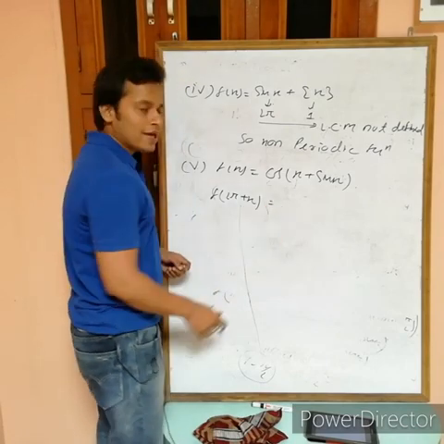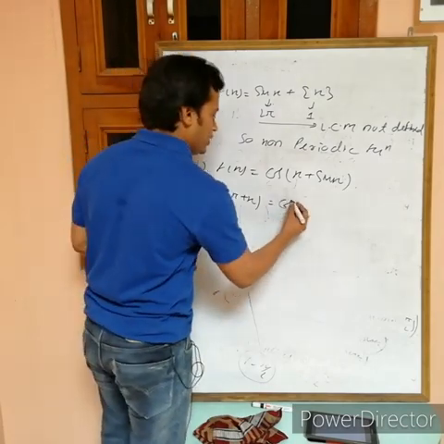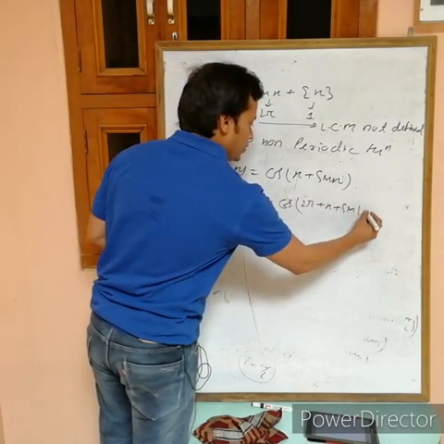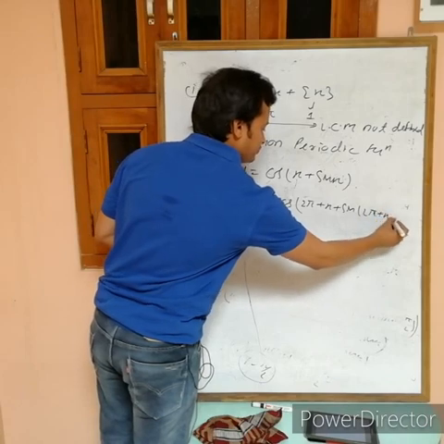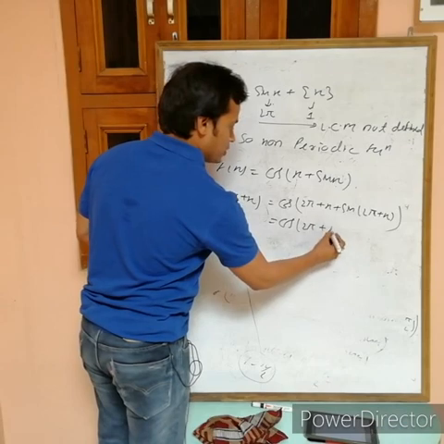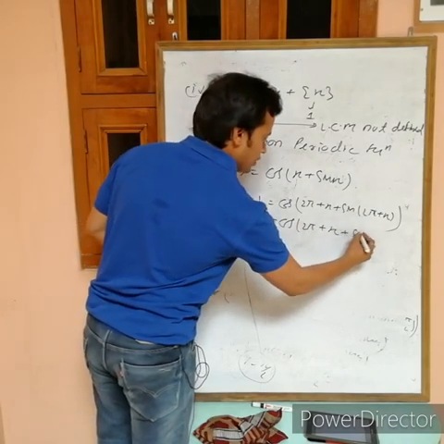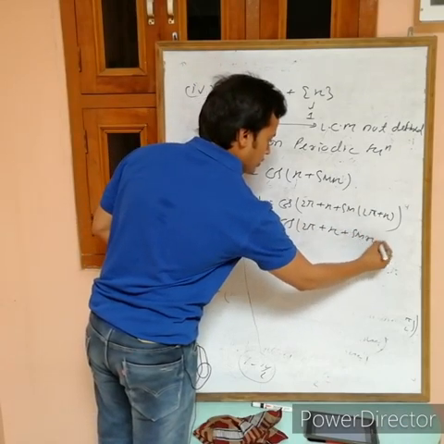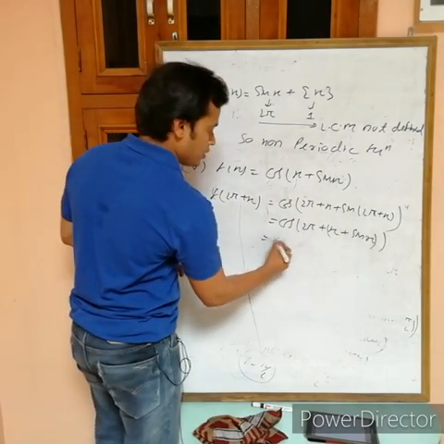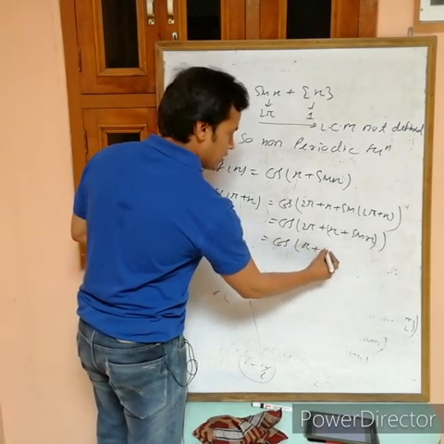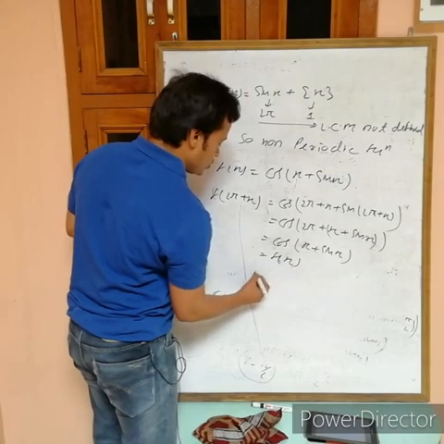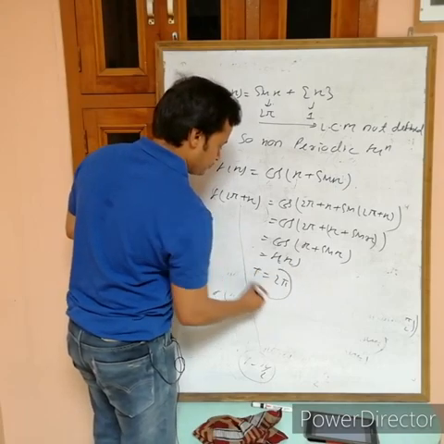So replace x with 2 pi plus x: cos of (2 pi plus x plus sin of (2 pi plus x)). Now sin of (2 pi plus theta) is sin theta, so sin x. Again, cos of (2 pi plus theta) is cos theta, where theta is x plus sin x. That is equal to f(x), so the period is 2 pi.